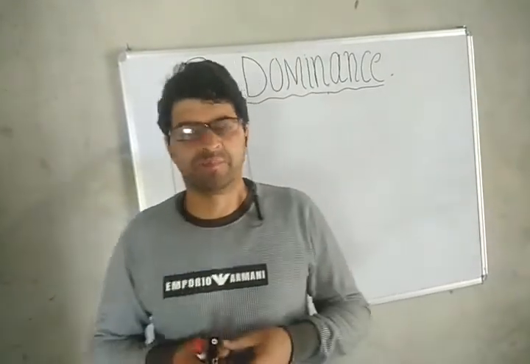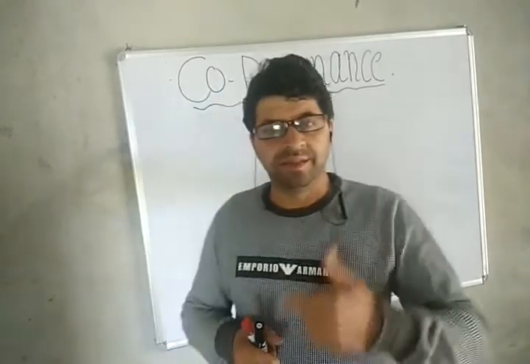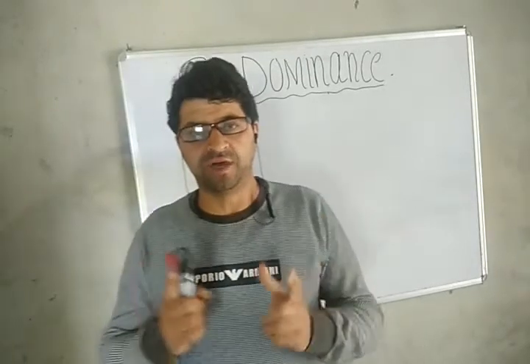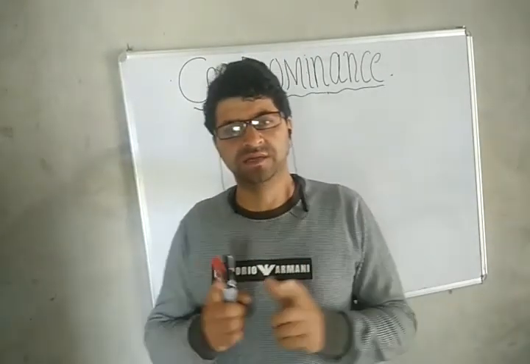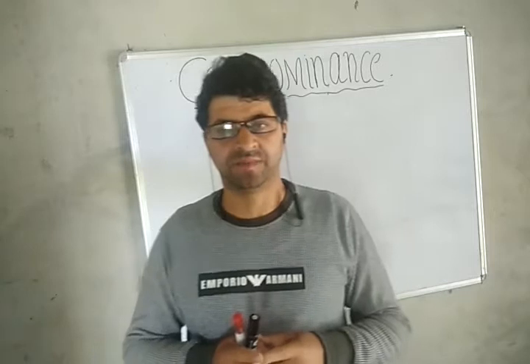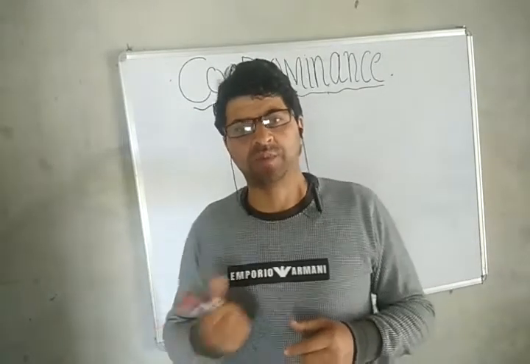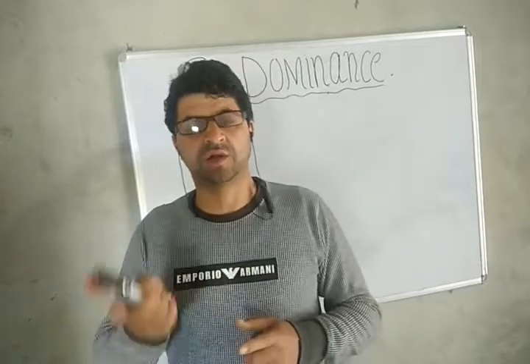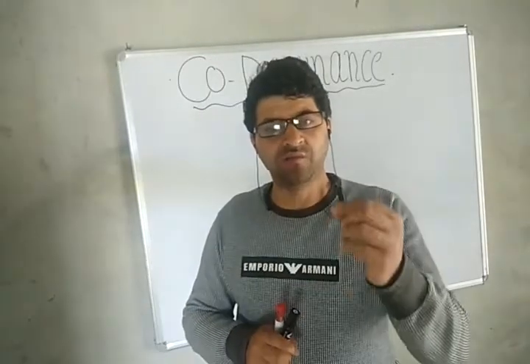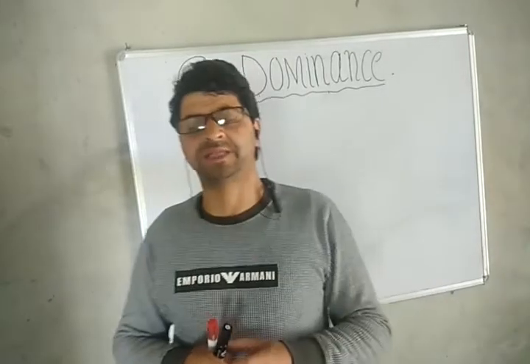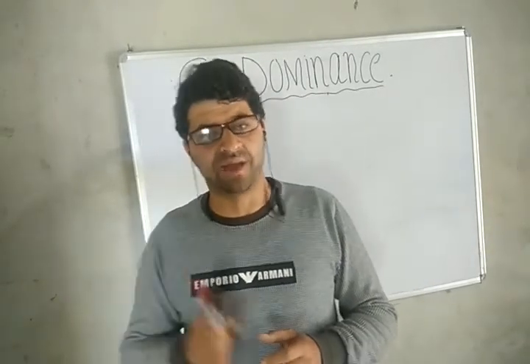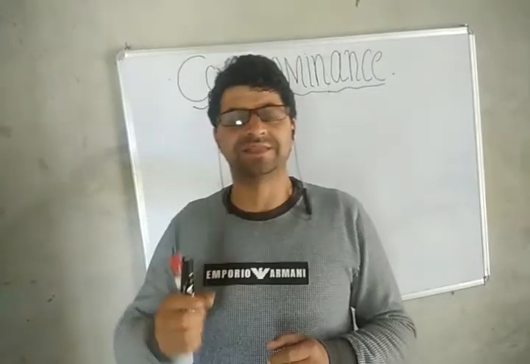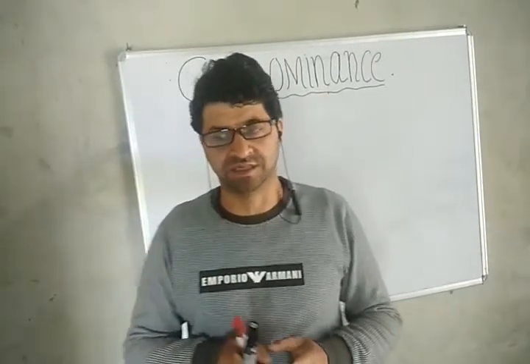Codominance, as we know, in Mendelianism we have studied that there are two factors or two alleles for the same gene. According to the law of dominance, out of two factors or two alleles, only one shows its phenotype expression and the other remains recessive, or its expression remains masked.